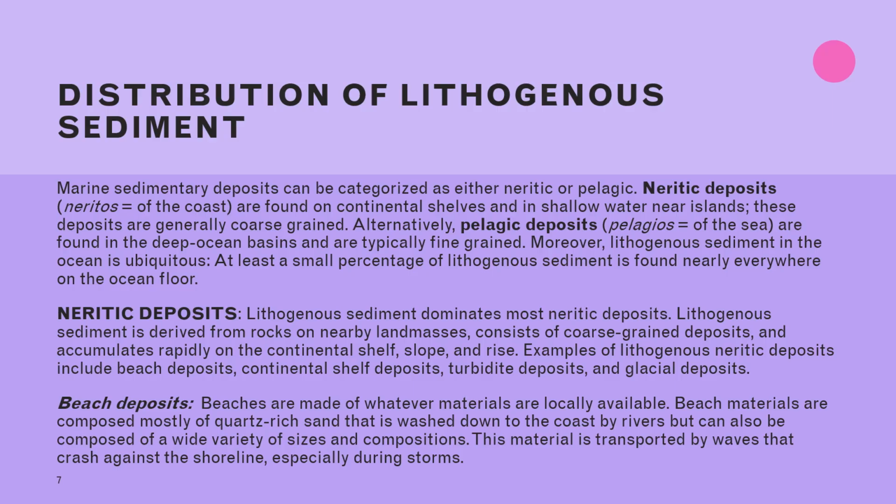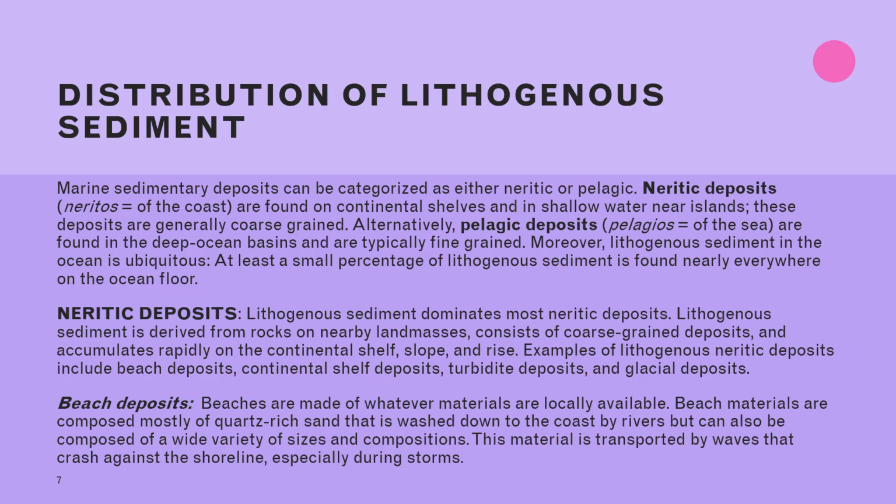So now let's discuss the distribution of lithogenous sediments, how they are distributed. These marine sedimentary deposits can be categorized as either neritic or pelagic based on depth. Neritic means off the coast; these are found on continental shelves and in shallow water near islands. These deposits are generally coarse-grained.